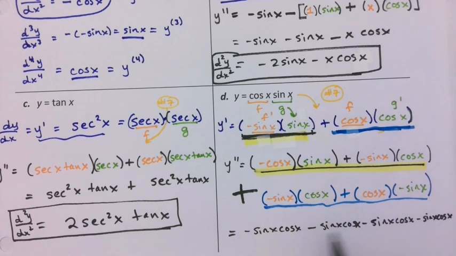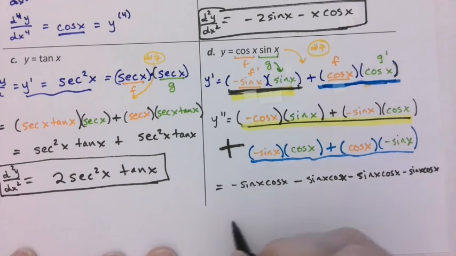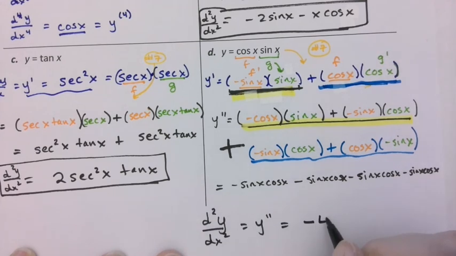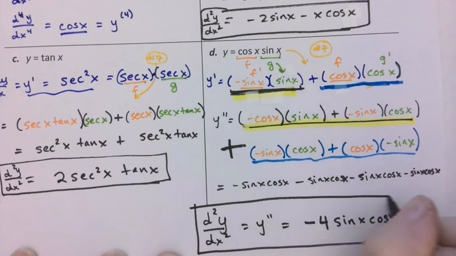Every single one of these terms is exactly the same. They all end up being negative sine x cosine x, which means our second derivative, d squared y over dx squared, which is y prime, same thing, is negative 4 sine x cosine x. They all ended up being like terms.